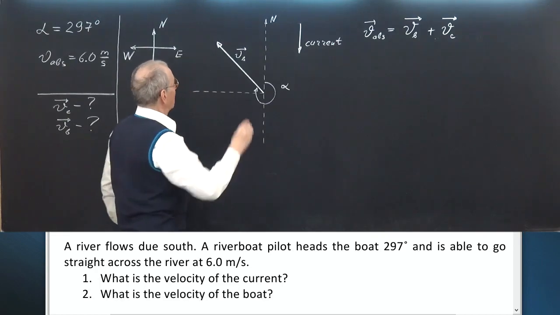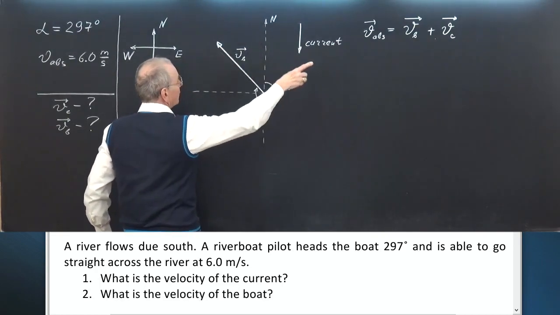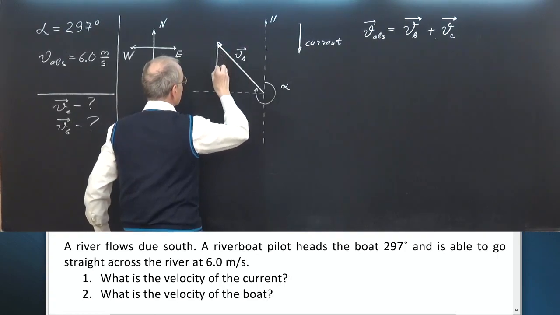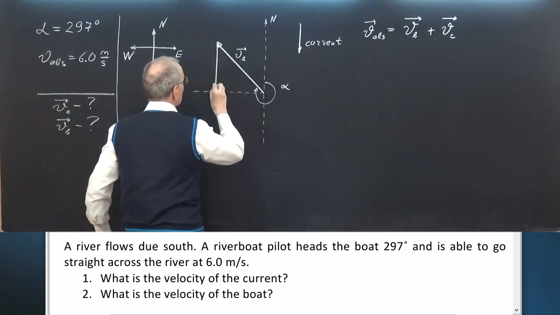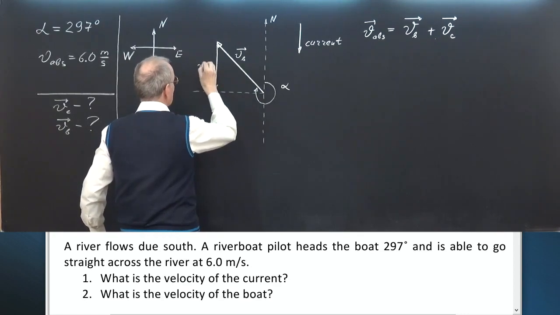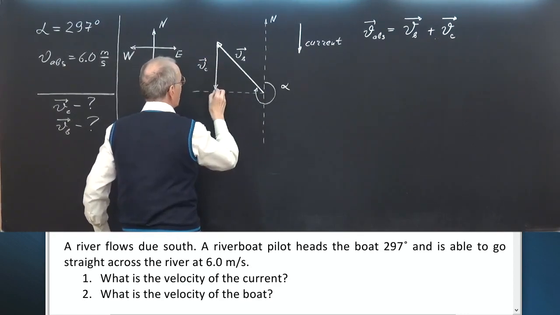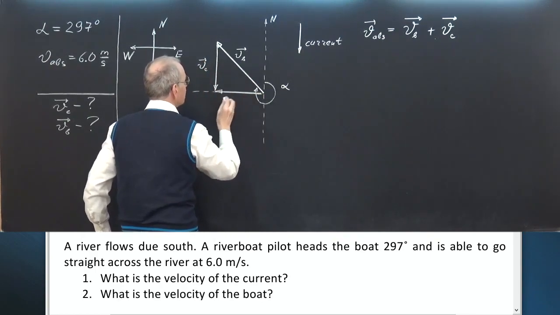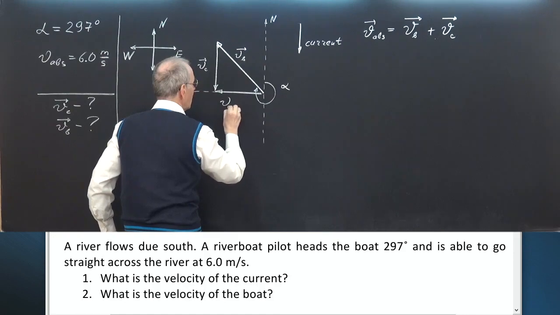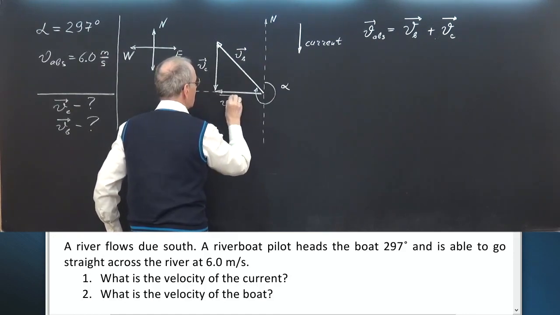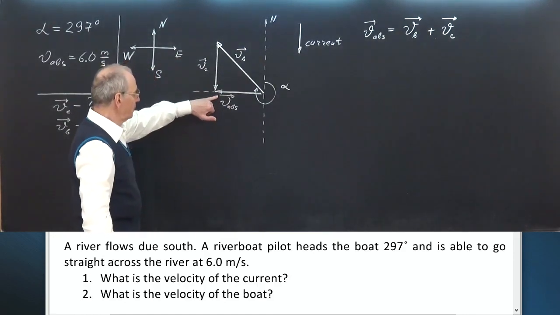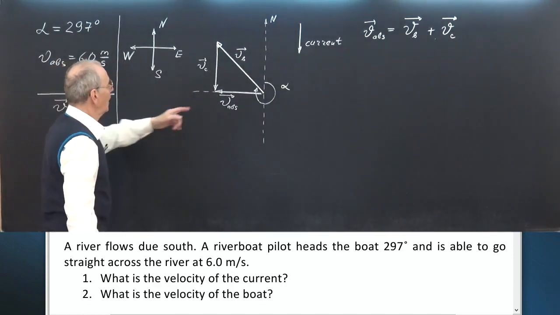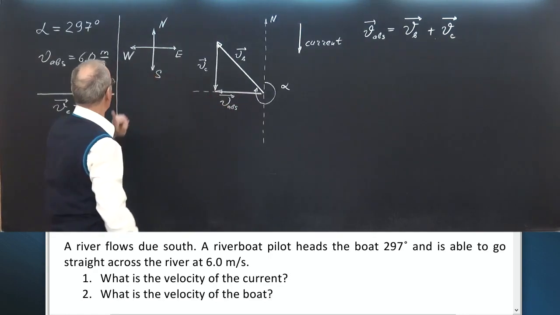So we can show these vectors like this: velocity of the current and absolute velocity. Now we know that V absolute is 6 meters per second, and as you can see, to the west.